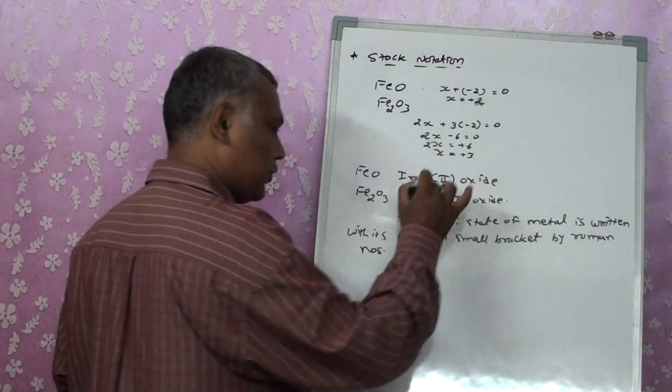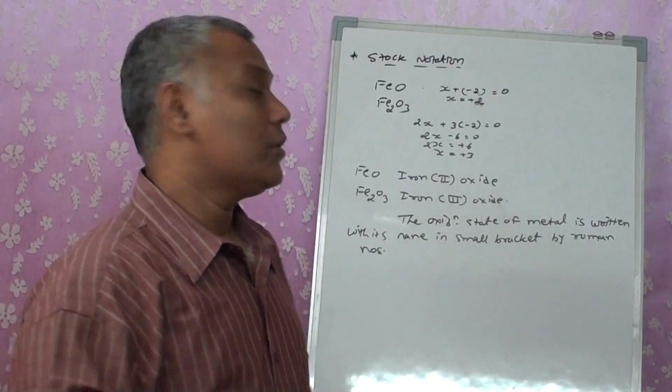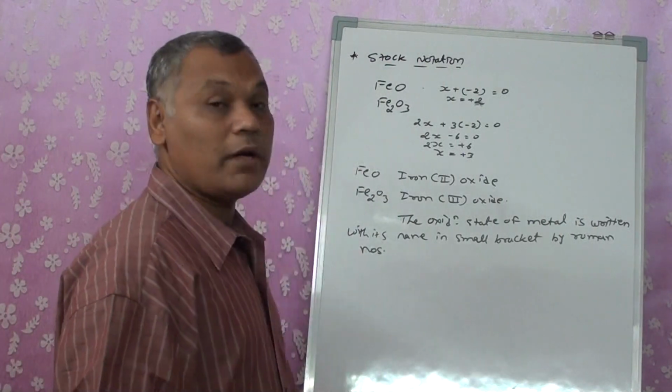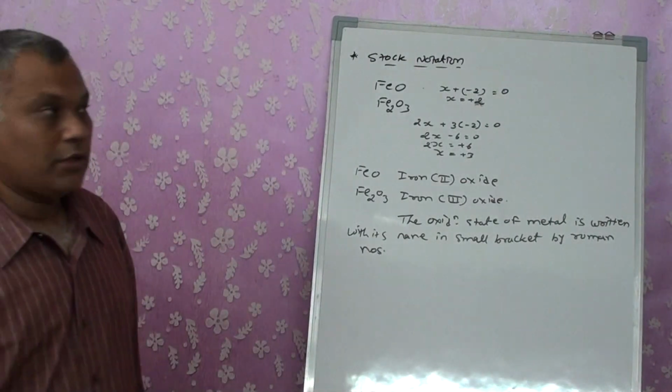That is fixed. The number will be indicated in Roman letters within small brackets, right? When you have a compound with more than one oxidation number.